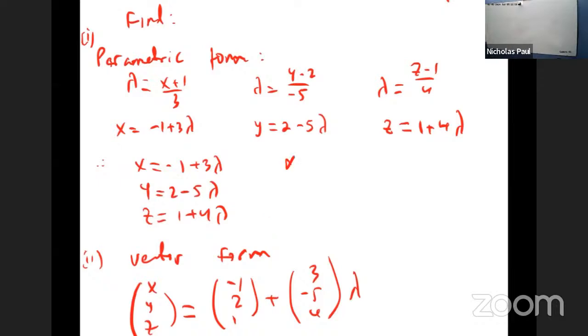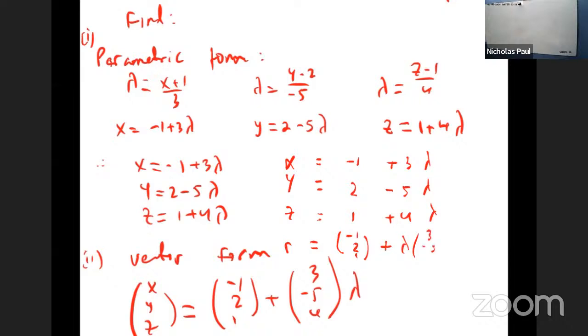So you'll end up with minus 1, 2, 1, that's the A, and then plus lambda times 3, minus 5, 4. That is your B. So you could write r = (minus 1, 2, 1) plus lambda times (3, minus 5, 4). So those are your different forms. I just wanted to remind you what the different forms are.